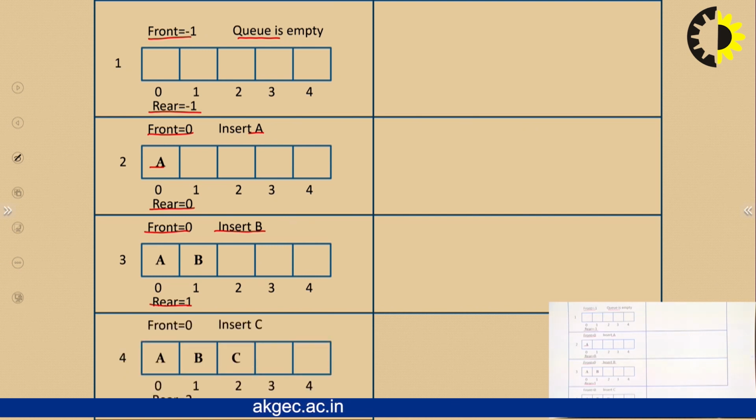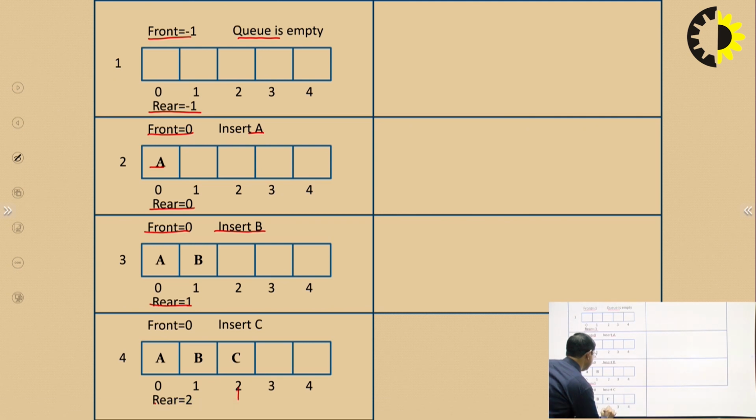Now for example, we are inserting C. In the same way, C will be inserted after B, and in that case rear will be 2. R means rear, that will be 2, and this is front, that is 0.